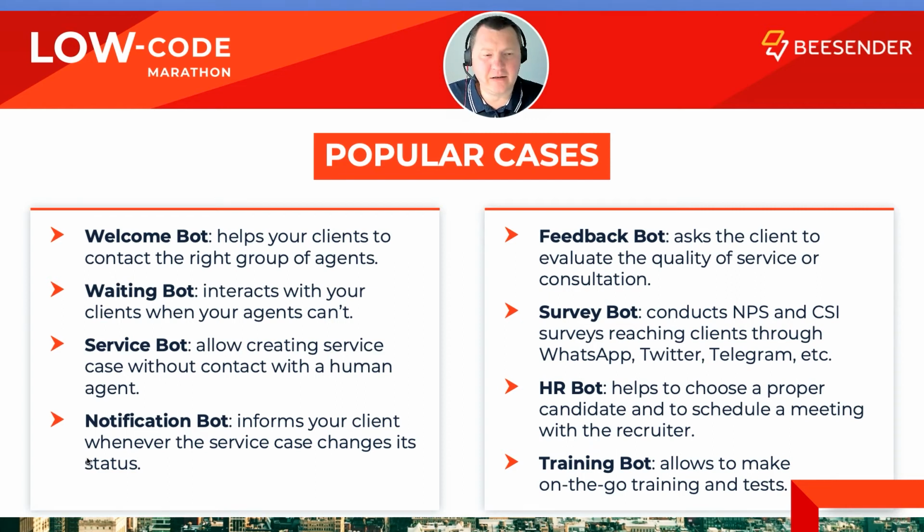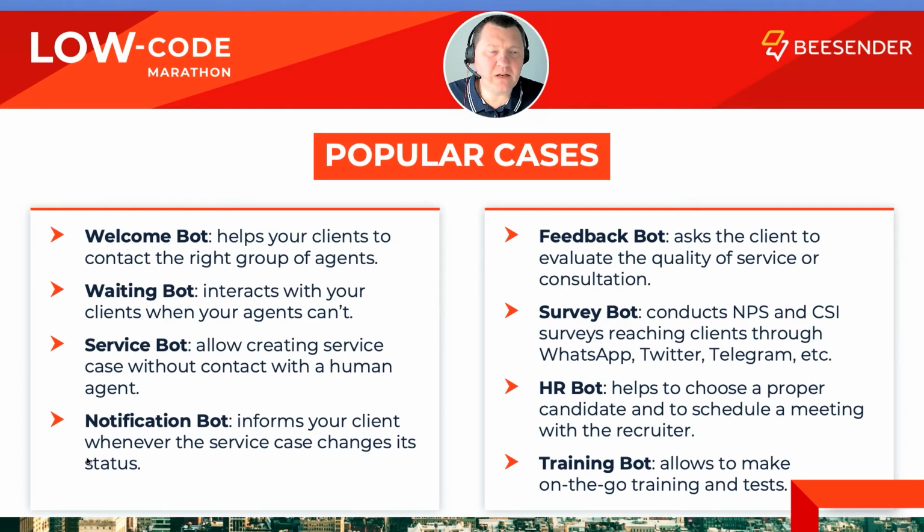And the next bot, the so-called waiting bot, interacts with your clients when your agents can't. Let's say if your contact center doesn't work 24/7, you have to think about what will happen if some of your clients would like to chat with you at midnight or on the weekend.